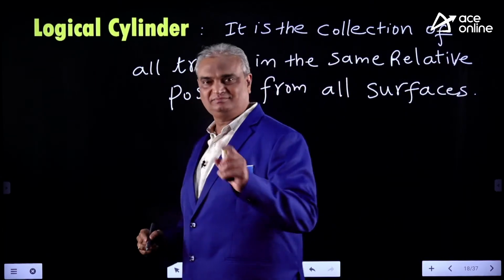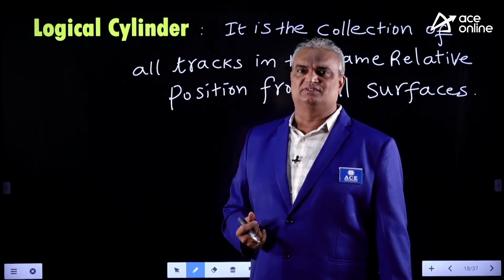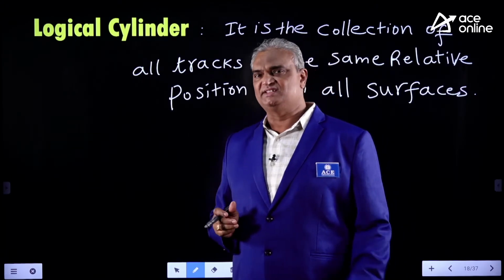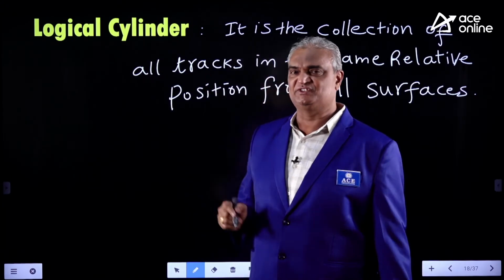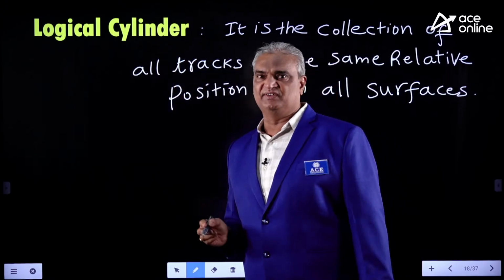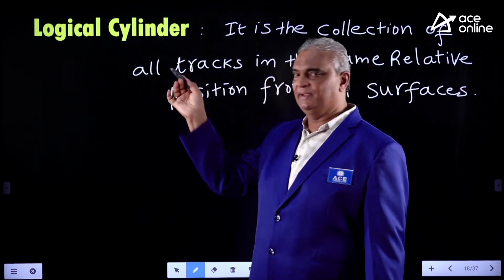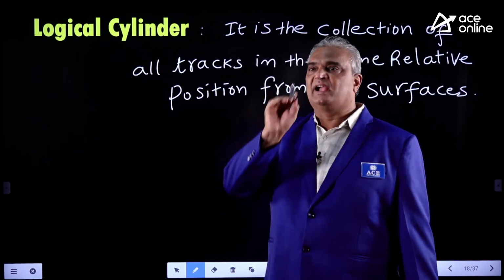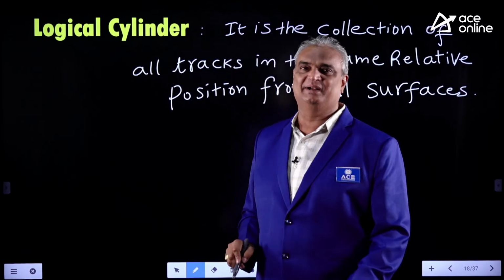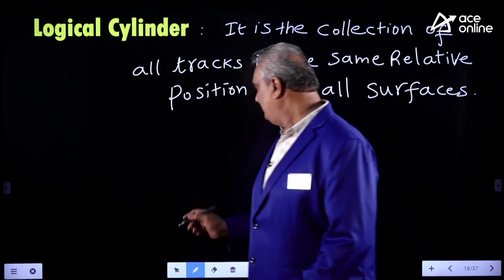Simply, suppose four surfaces are there. Surface is the collection of tracks. In first surface, T0, T1, T2, T3, T means tracks. Second surface, in second surface also T0, T1, T2 like that. In third surface, same. Fourth surface also same. Collection of all T0, means track number 0, is nothing but C0. Collection of all T1s, nothing but C1.